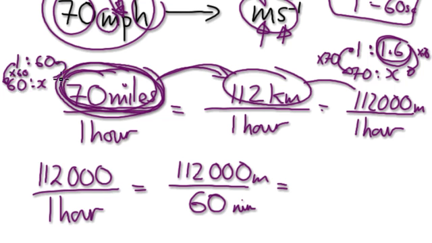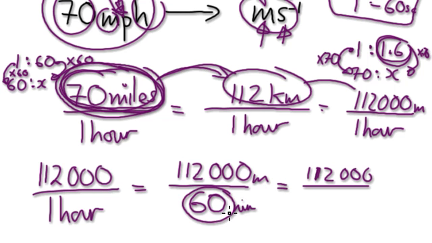So here you've got to get 60 times 60, because look at this, you've got 60 here times 60 here. So 6 times 6 is 36 with 2 zeros. So 60 times 60 is 3,600.